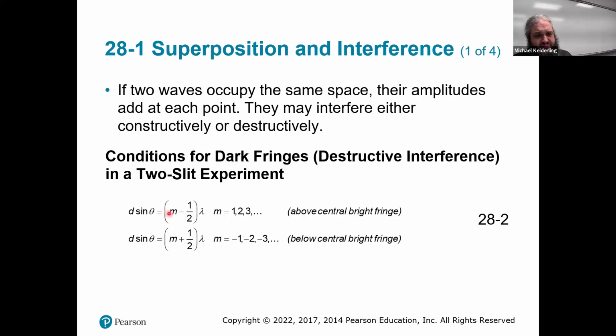That's d sine theta, and that equals some whole number minus a half times the wavelength. If they are half a wavelength off, the two waves will be out of phase. When one is going up, the other is going down, and they will cancel each other out in a form of destructive interference. So that's destructive interference. Constructive interference would be when the two waves are aligned with each other and they add up.